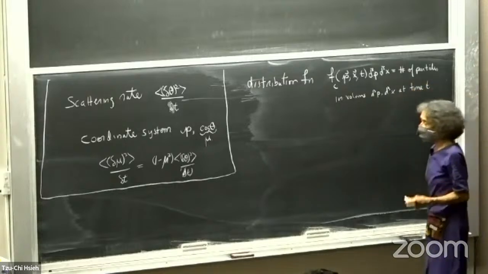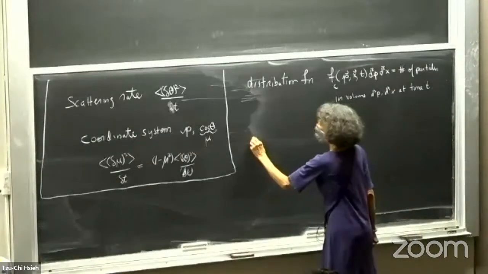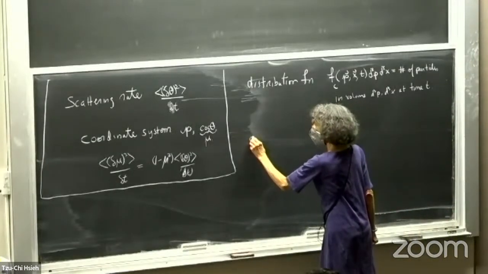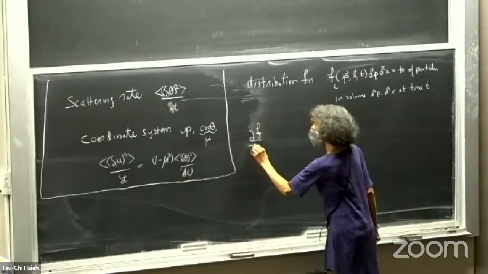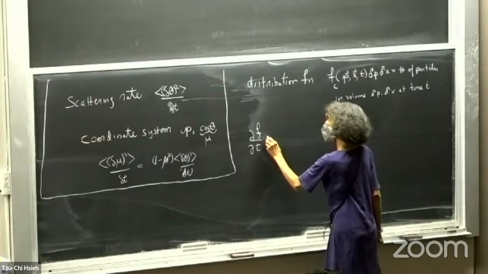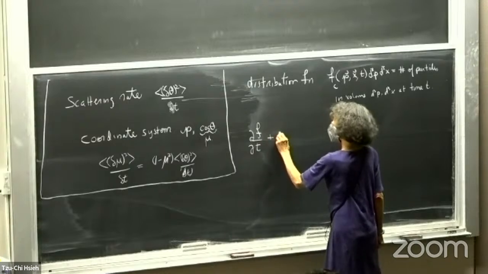And then we can write down the Vlasov or collisionless Boltzmann equation for f in phase space. And it's this.